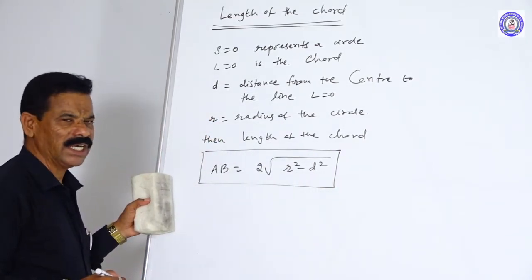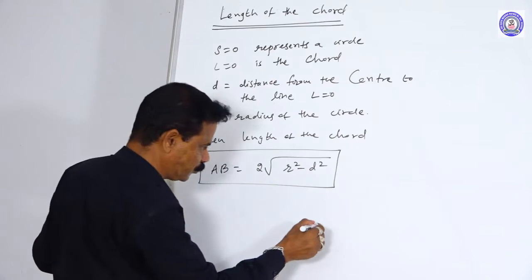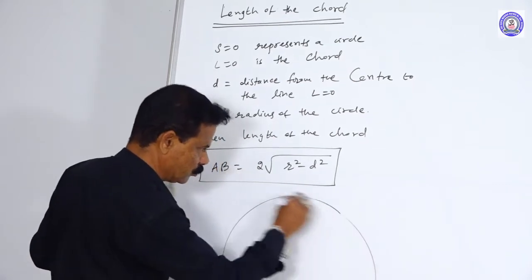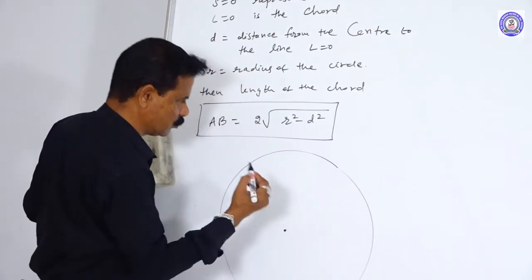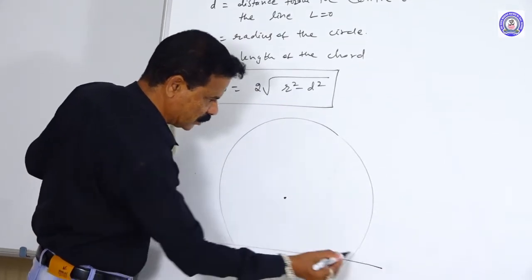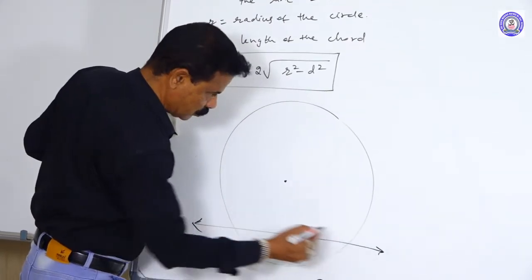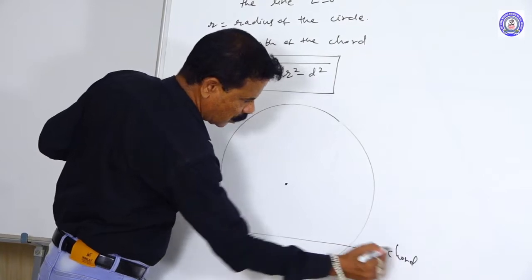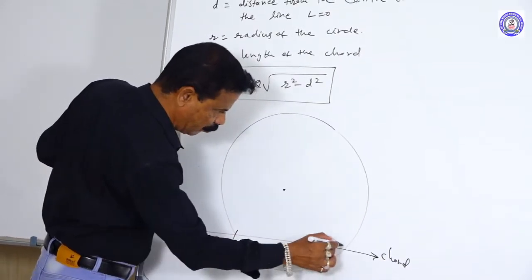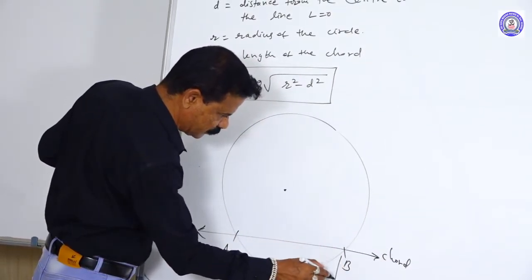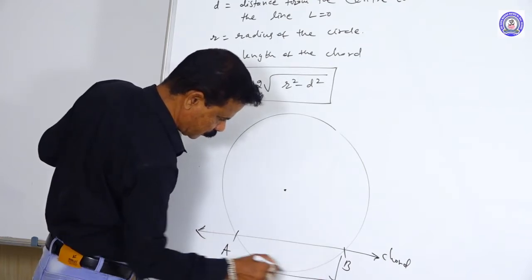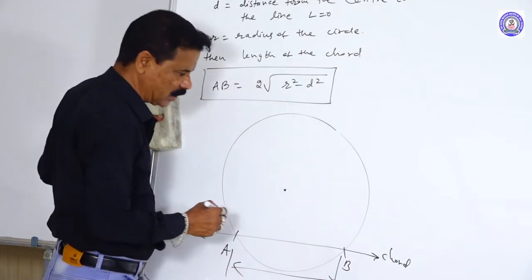So how do we represent r and d? This is the chord. It will intersect at A and B. AB is the length of the chord.